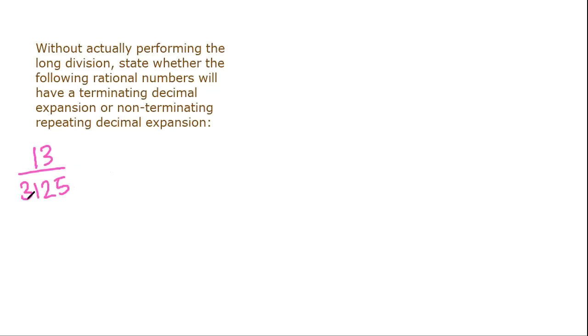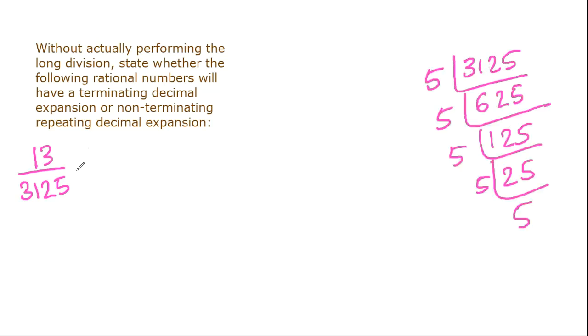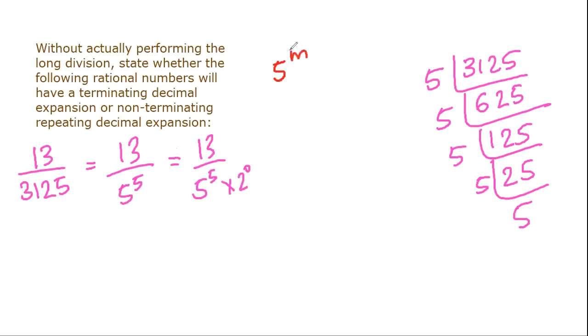For finding this, we have to find the prime factorization of the denominator 3125. We can find it, so that you will get 13 divided by 5 raised to 5. The same can be written as 13 divided by 5 raised to 5 into 2 raised to 0. So this denominator is of the form 5 raised to m into 2 raised to n.